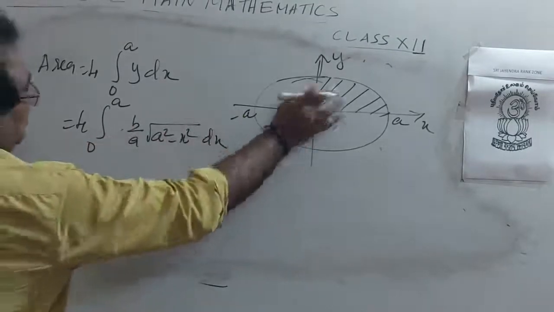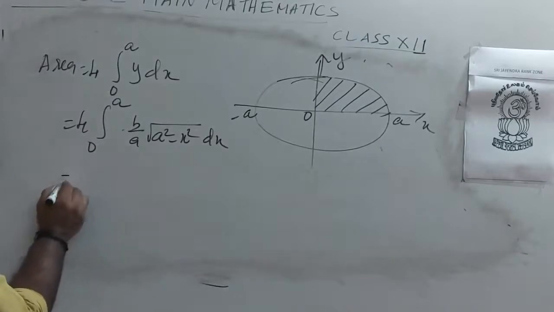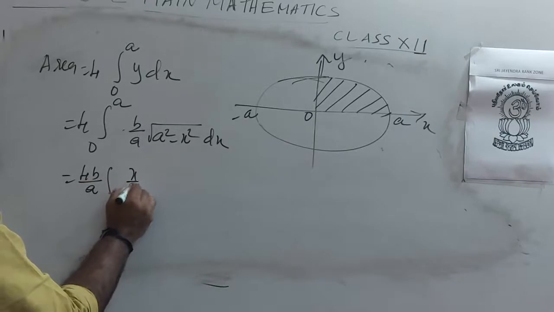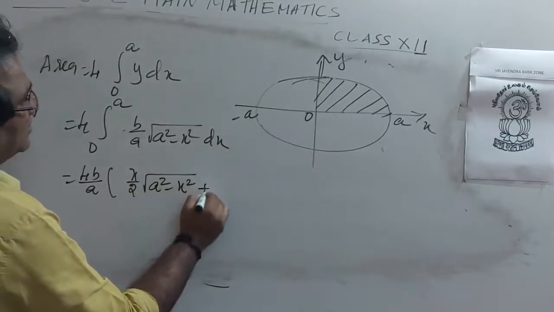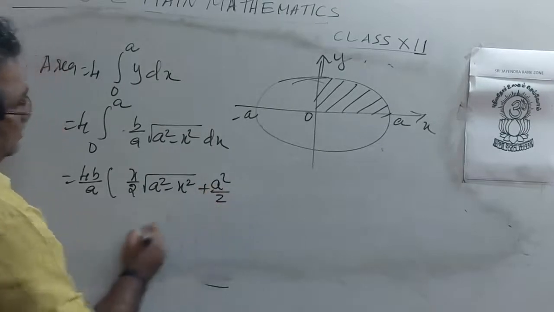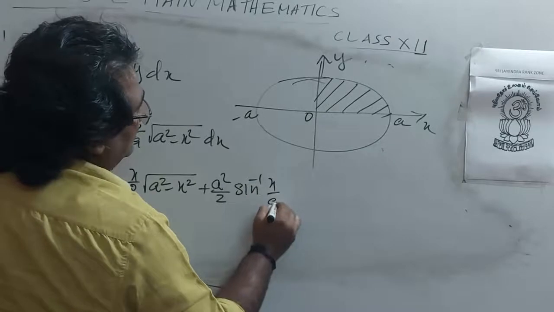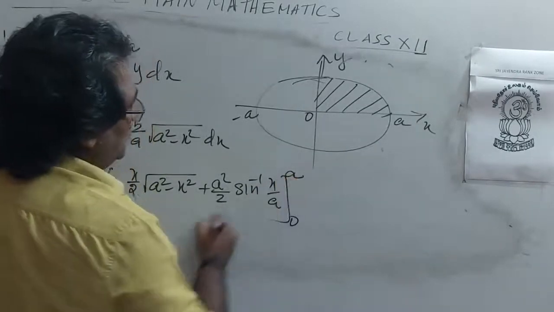The first quadrant is positive only, so we take b by a root of a squared minus x squared. 4b by a, x by 2 root of a squared minus x squared plus a squared by 2 sin inverse of x by a. The limit is 0 to a.